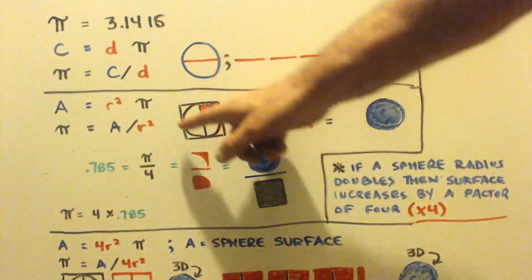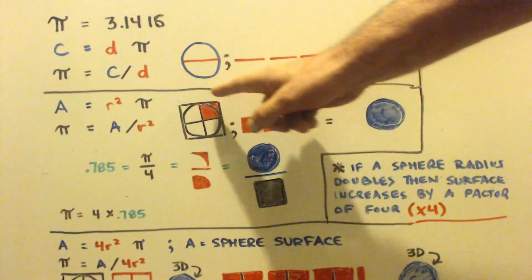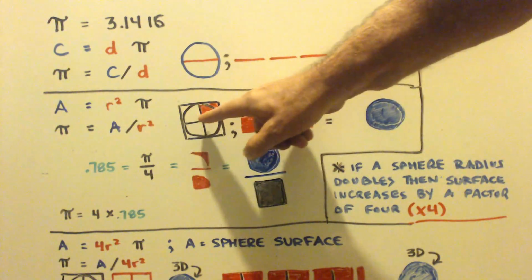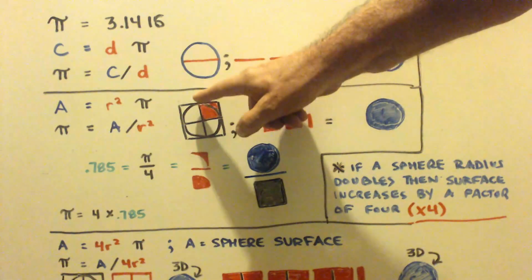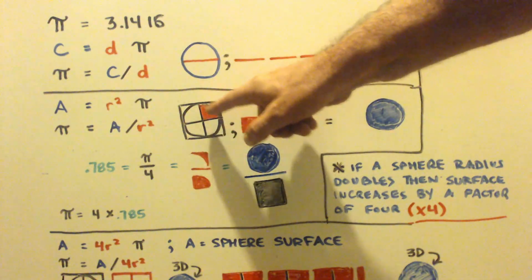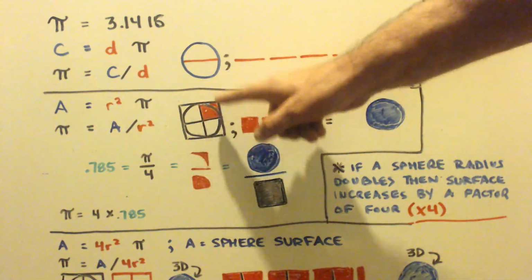Then you can make a checkerboard, a plus sign there. This is the radius of the circle, and this is the radius of the circle. So this times this tells you the square footage of this square.